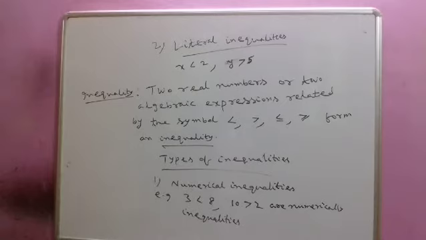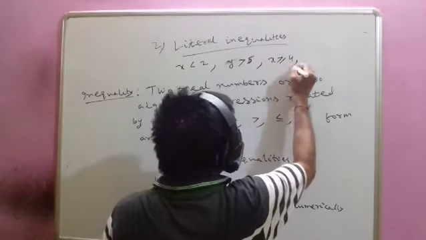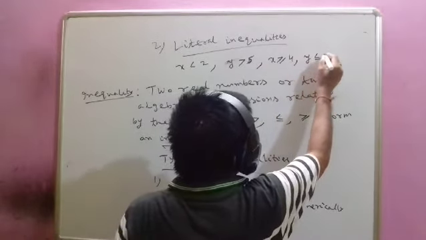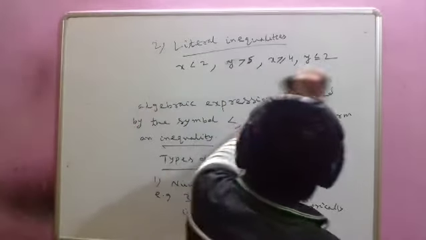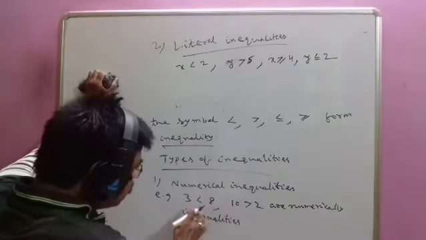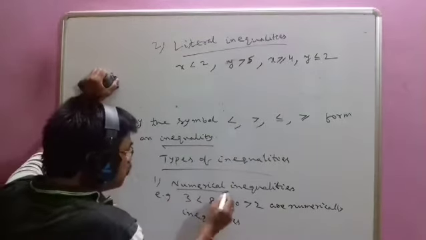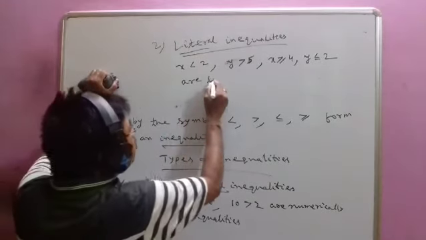Are you clear, not clear? These are called literal inequalities. Or we may say x greater than equal to 4. This is called numerical inequality, this is called literal inequality.